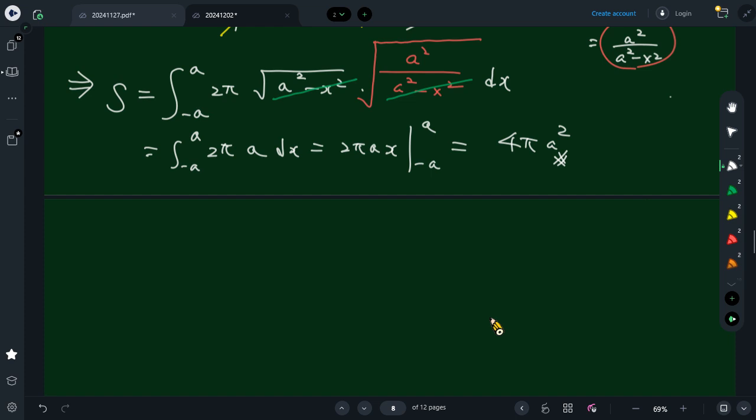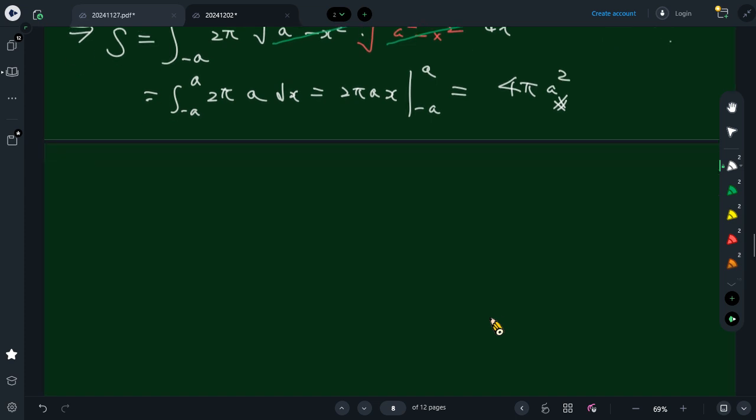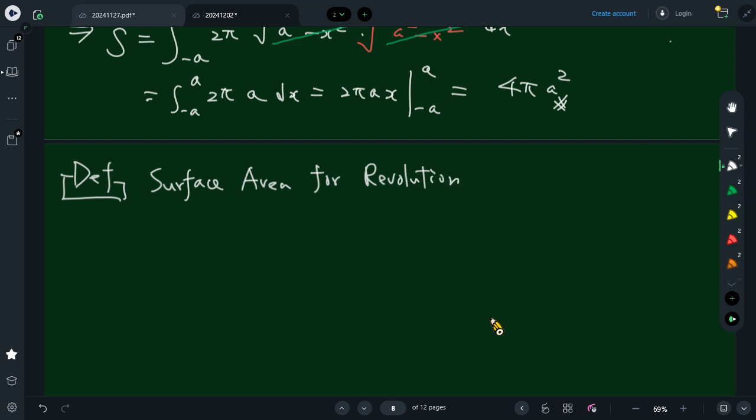this is about the surface area for the revolution. So right now I want to define surface area for revolution about two types. One is y-axis, the other one is x-axis.